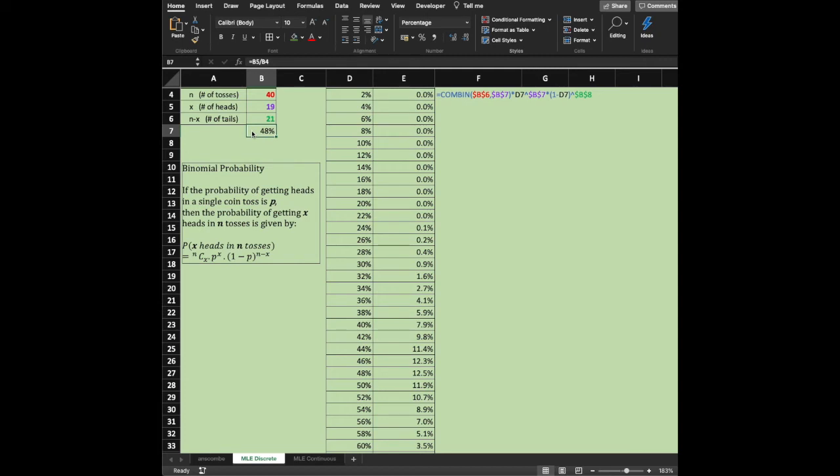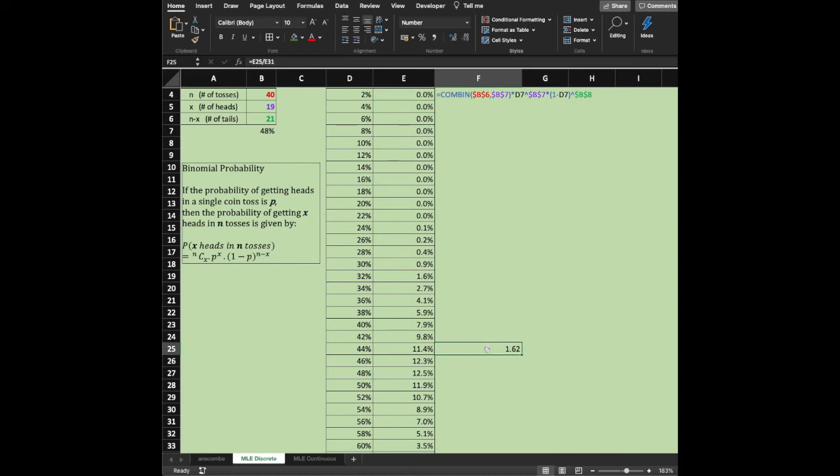The second reason for using the maximum likelihood estimation method is that it allows me to calculate the relative likelihoods for different values of p. So for example, if I divide the likelihood at p equal to 44% with the likelihood at p equal to 56%, I get 1.62.